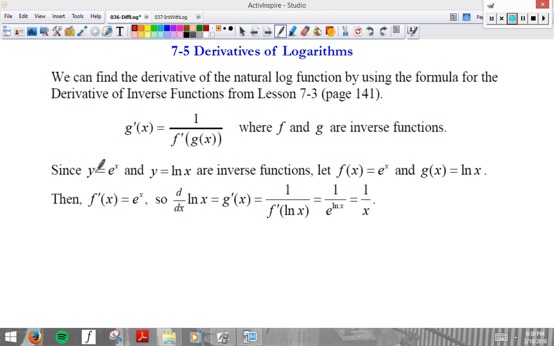So, if y equals e to the x and y equals natural log are inverses, let's just call f e to the x and call g natural log. We already know the derivative of e to the x is e to the x. That's what makes it the most beautiful function in the world. So the derivative of its inverse function, which we would call g prime, because g prime is ln, right? That's this part.